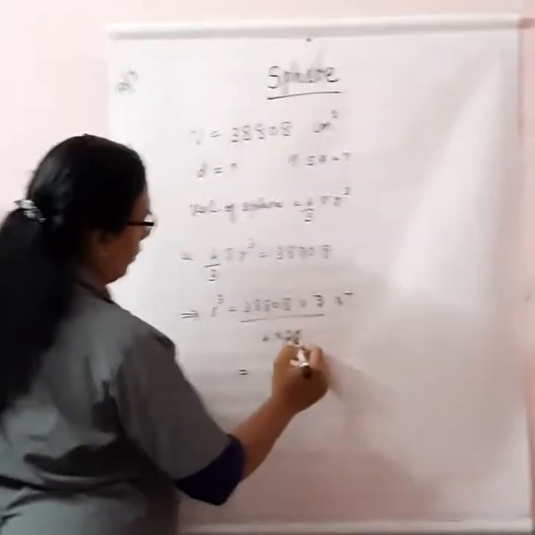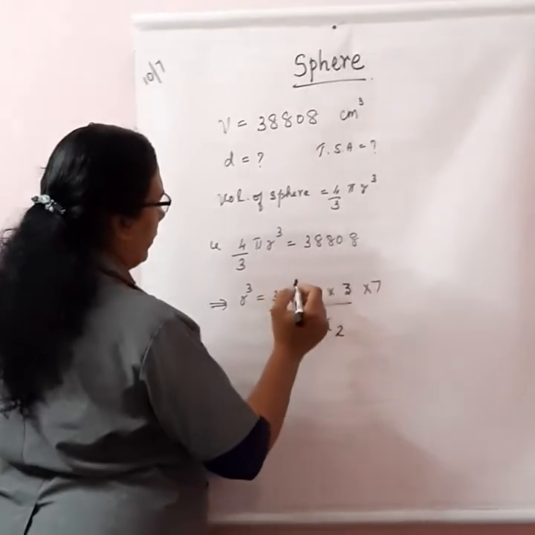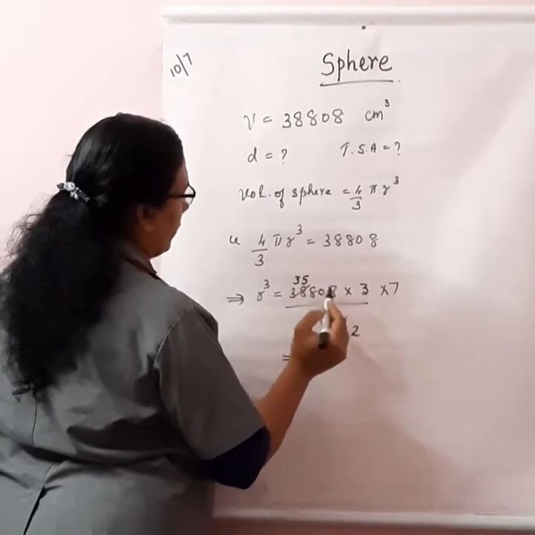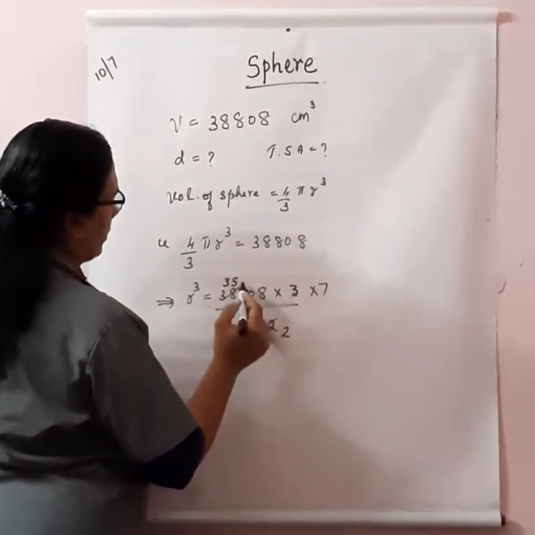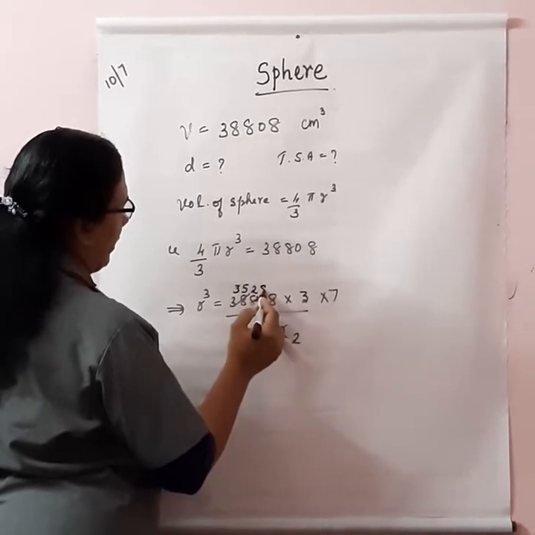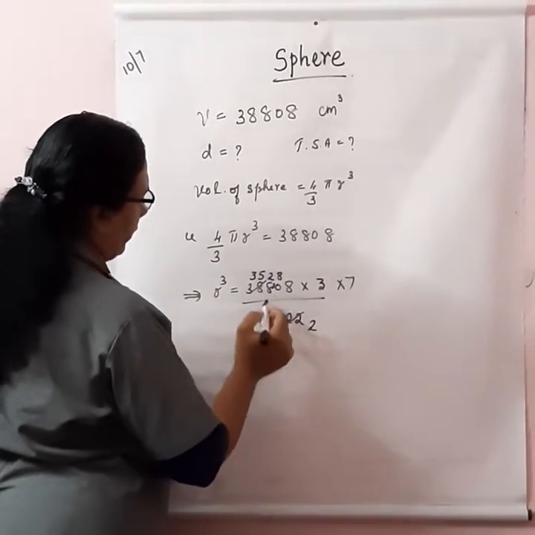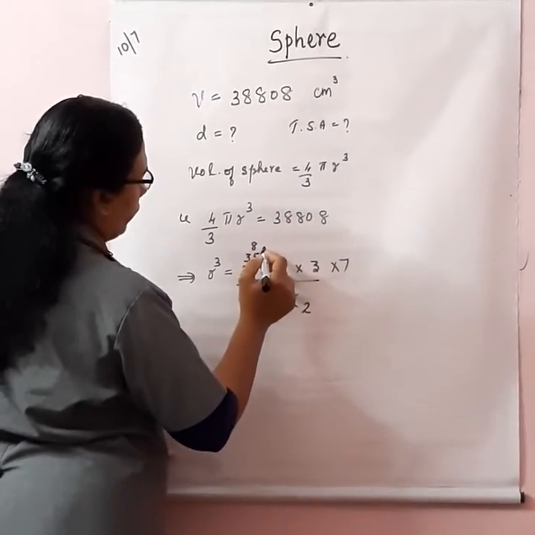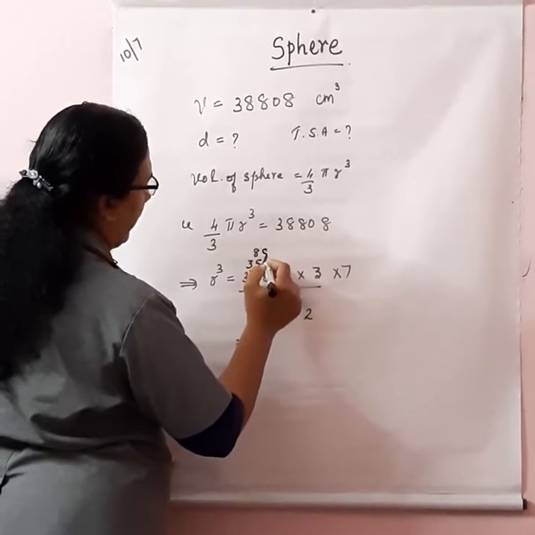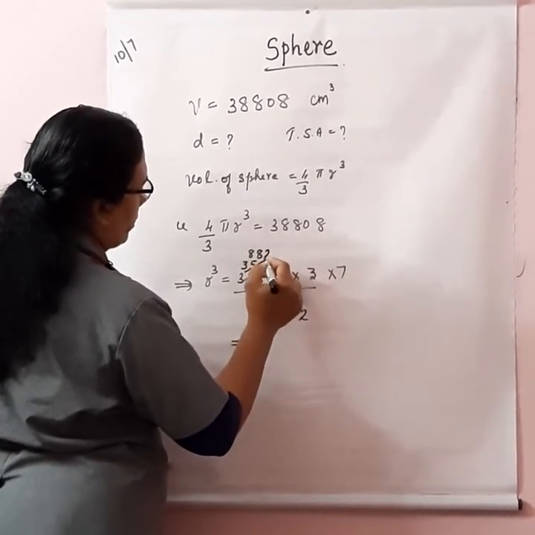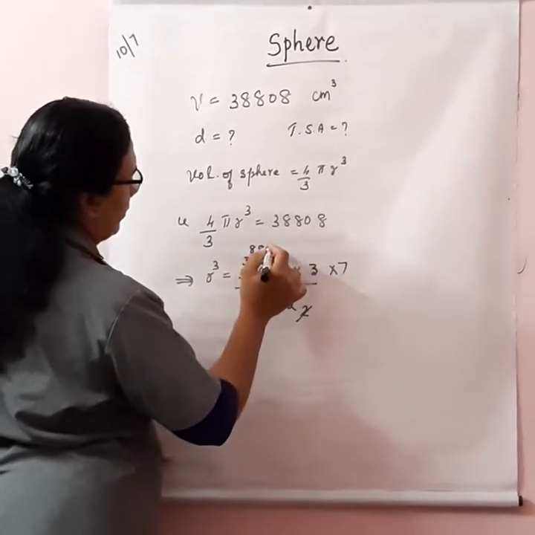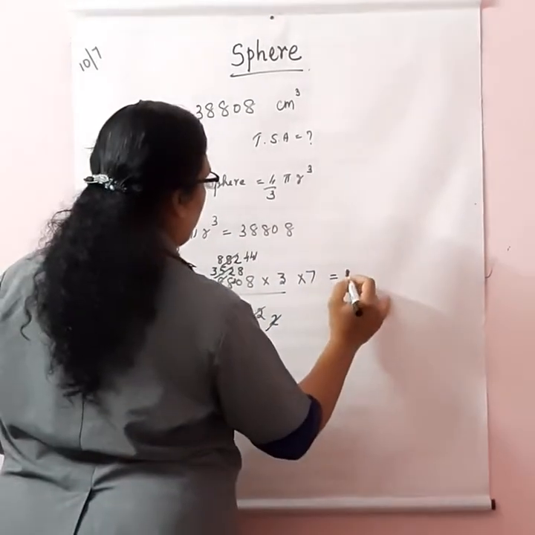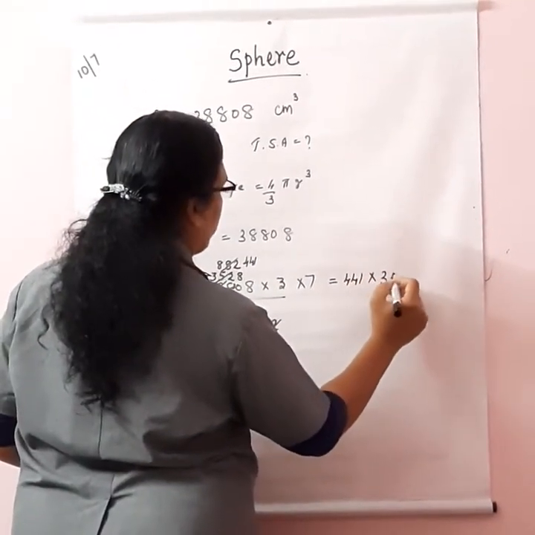Now see, 11 will go here twice, 3 times, and on simplifying we get 441. So I can write it as 441 into 3 into 7.